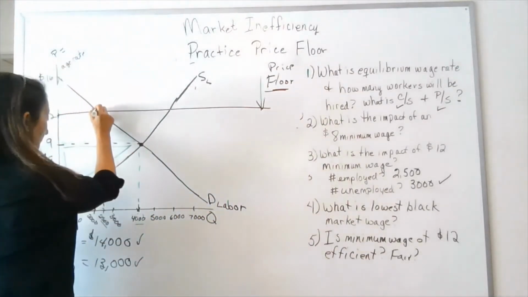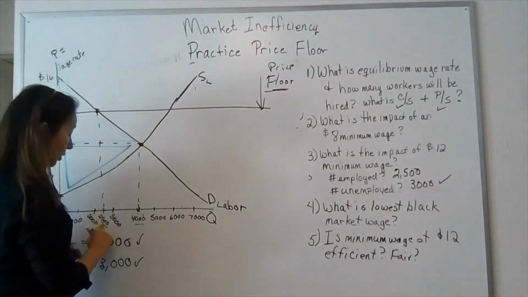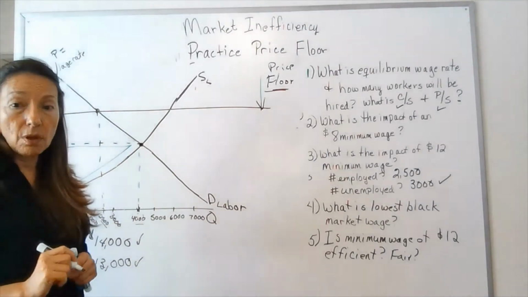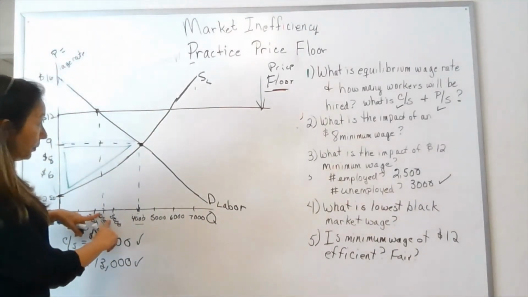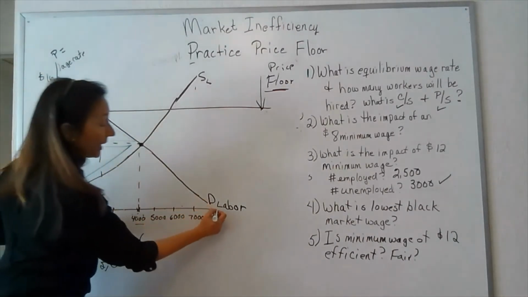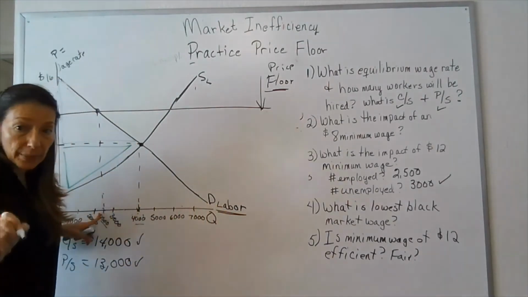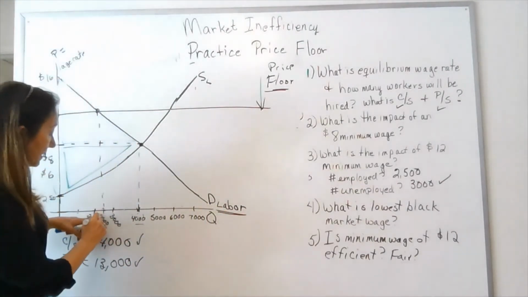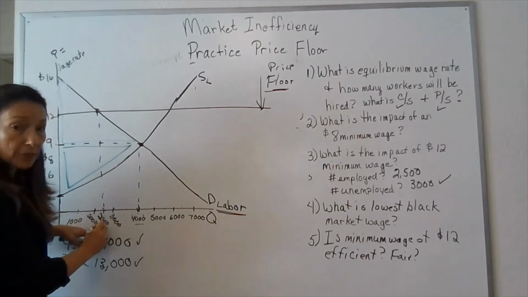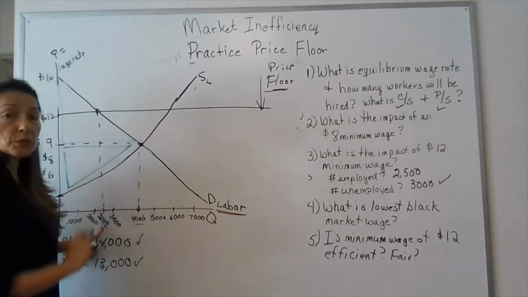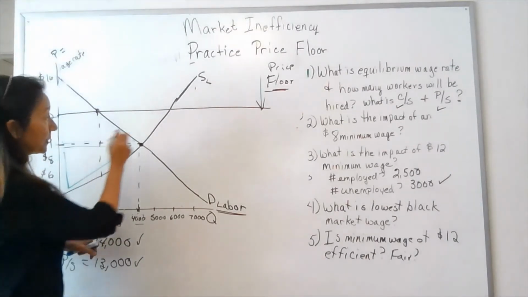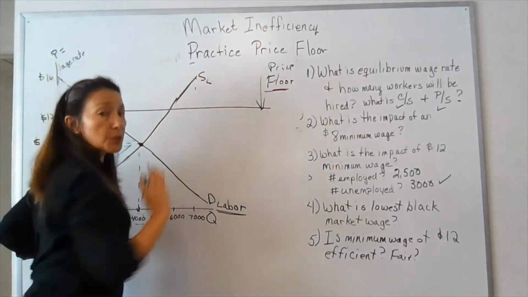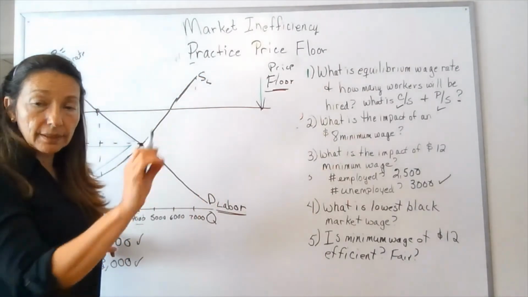At $12, 2,500 people are employed. The demand for labor, these are the businesses hiring labor, they're only going to demand 2,500 workers when the price is $12. The supply of labor, this is you and me, we go into the market and we're supplying our labor.